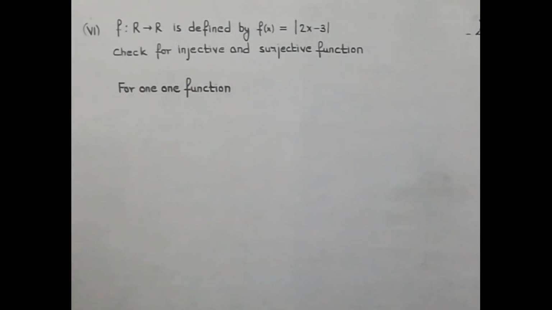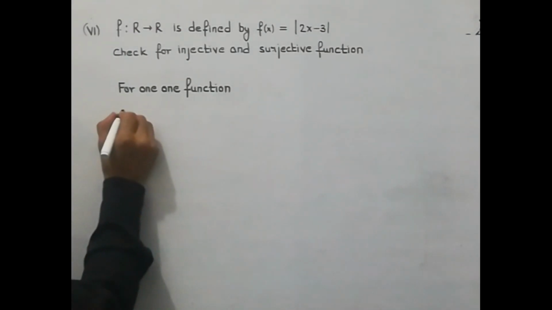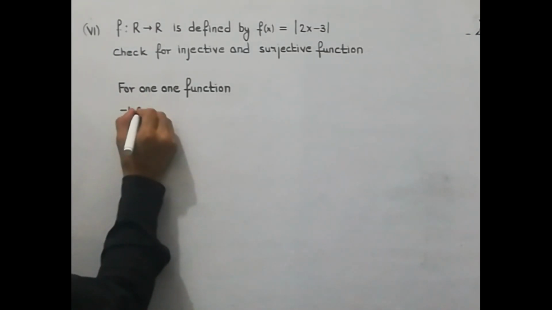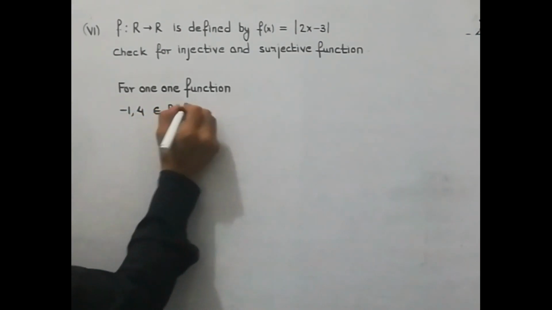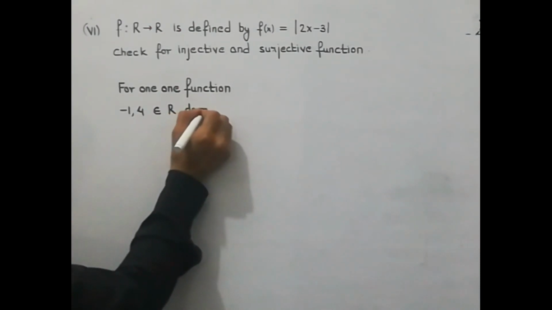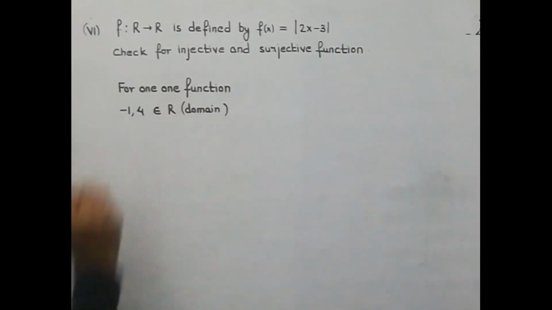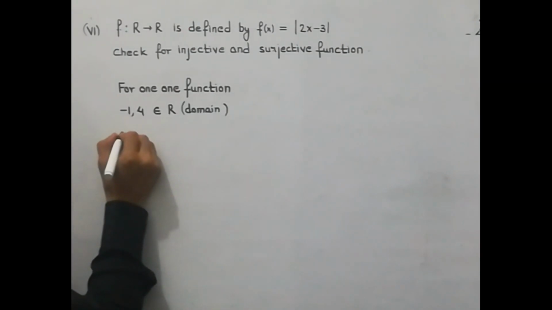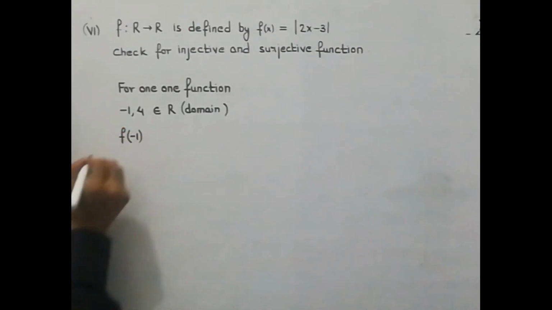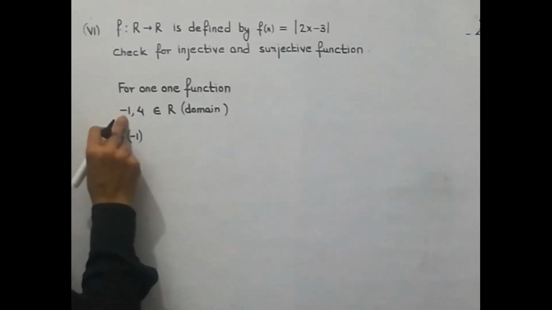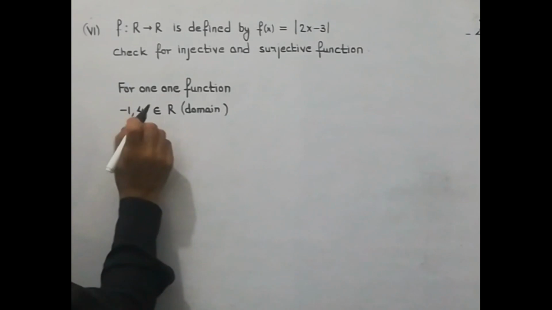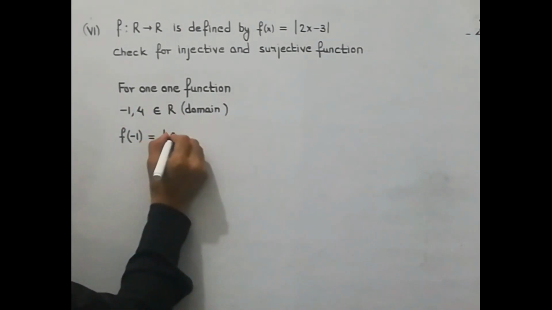Now let us consider two values, and let those two values be -1 and 4. As we know that -1 and 4, they both belong to R, that is the domain. Right? Now let us calculate f of -1. That is, we are calculating the image of -1. So we will be substituting in the formula.